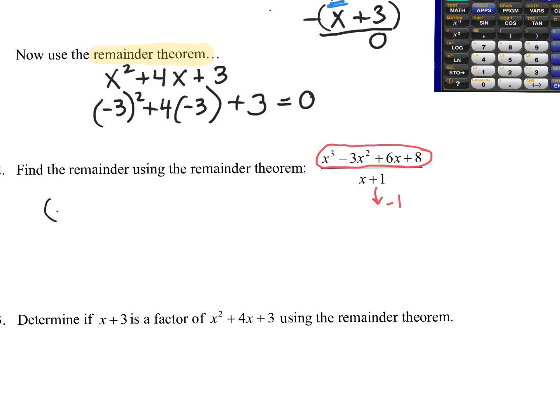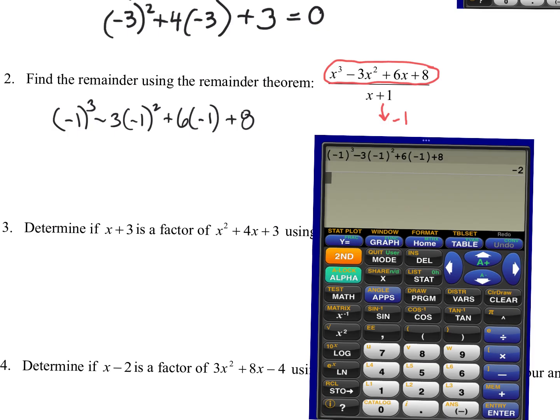So I have -1 to the third power minus 3 times -1 squared plus 6x times -1 plus 8. And as you can see from our calculator, when I plugged in -1, I get a remainder of -2.